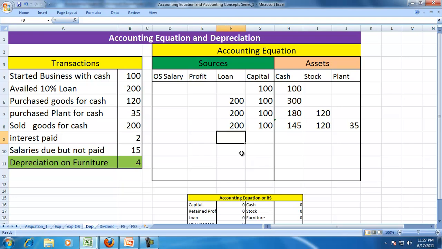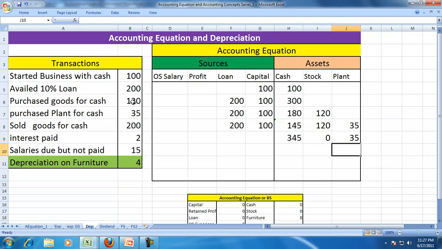Then we are selling the goods for 200 for cash, so my cash goes up by 200, and we are selling the entire stock, so there will be no more stock available.